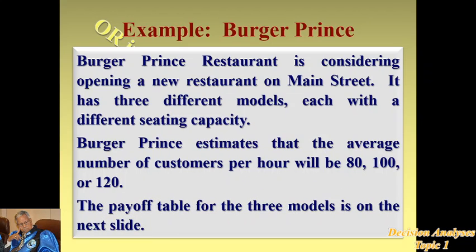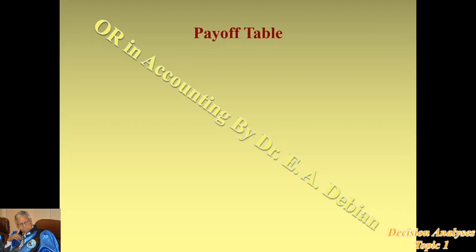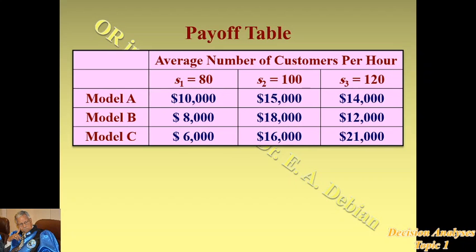The payoff table of the 3 models is as follows. Model A, the restaurant of Model A, will yield $10,000 if we are in the state of nature of 80 customers per hour. It will yield $15,000 if the state of nature is 100 persons per hour.